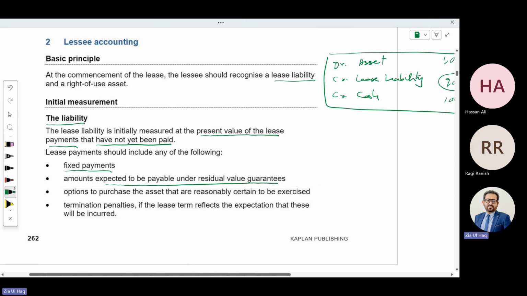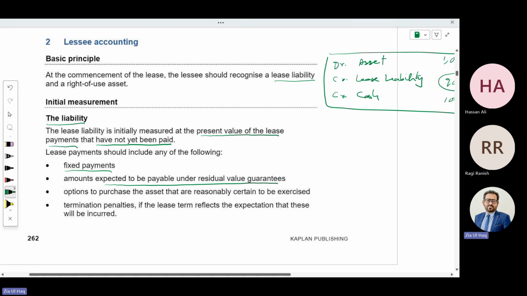After completion of the lease time period, if there is any guarantee that this asset can be sold at, say, 20,000, that is the residual value. So that will also be part of the liability. Can you explain? We have an agreement for using the asset for 5 years.